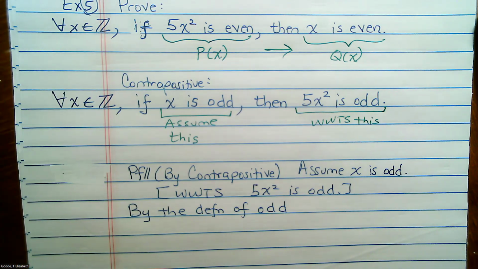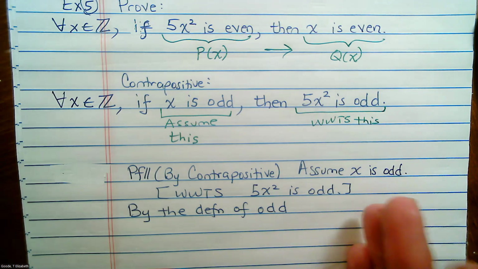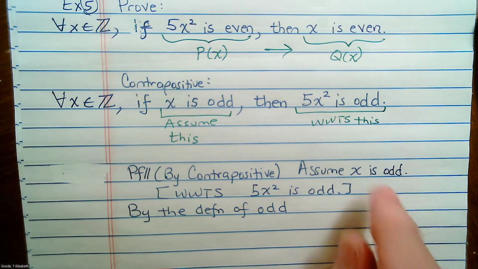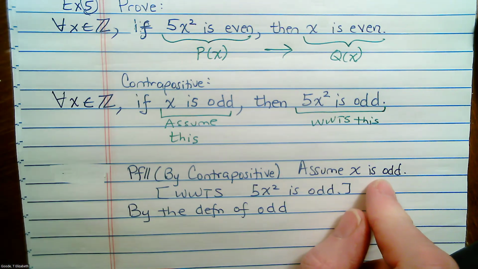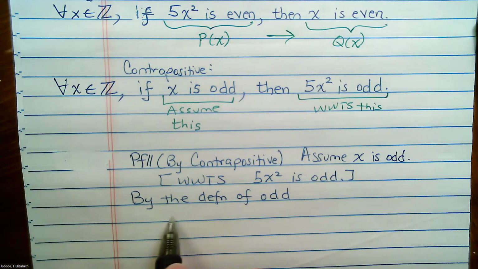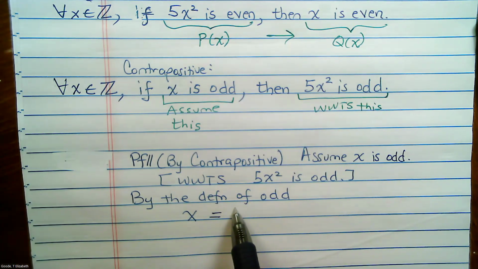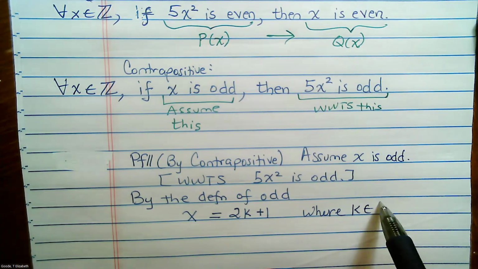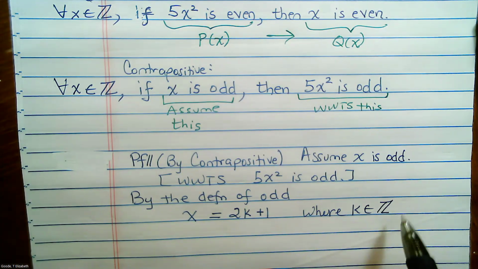But when we learned the QR theorem, we realized that even and odd means we're just dividing by the divisor d equals 2. If something's odd, when you divide x by d equals 2, you get a remainder of 1. That's what the definition of odd says. So x is 2k plus 1 for some integer k, or where k is in Z.